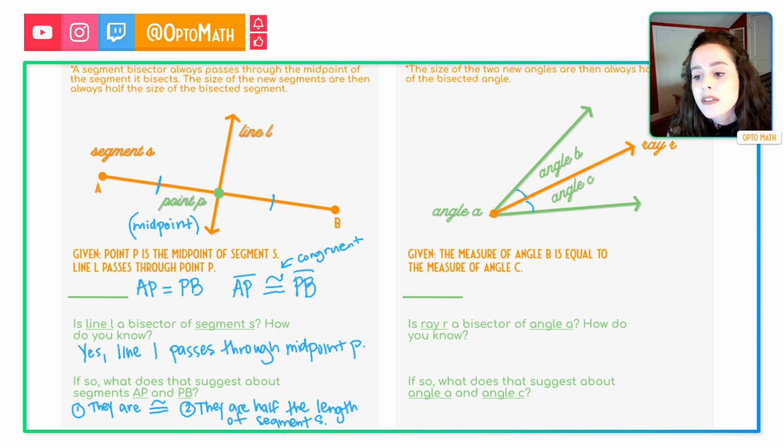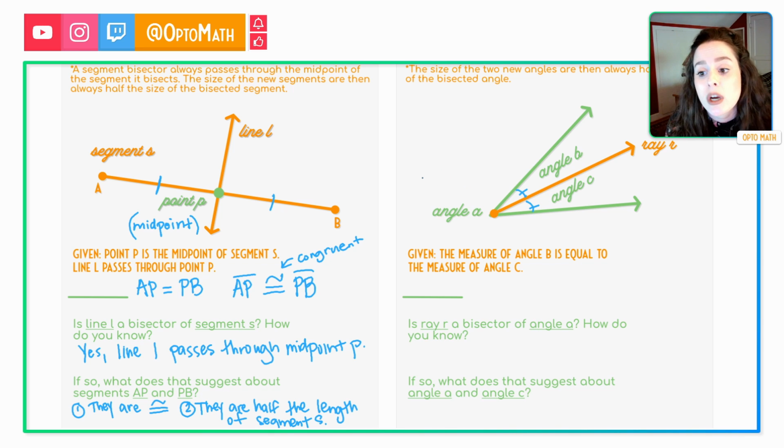They'll do an arc mark and then they will use tick marks in the arc marks to show congruence. So that's two different ways to represent it. I'm going to do these tick marks just to show you how it kind of goes along the same way as the congruency marks for the segment. But again, it can be the same number of arc marks or the same number of tick marks on the arc marks. For example, if you had this situation and these two were equivalent, you could have it with two arc marks and you would know they are equal.